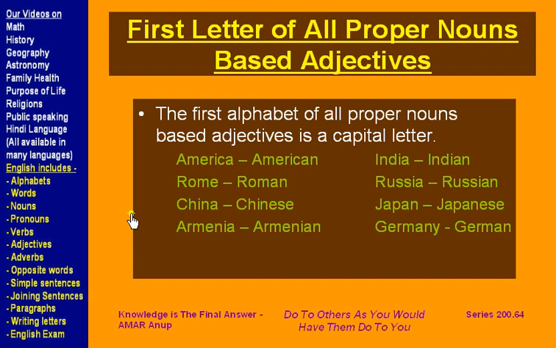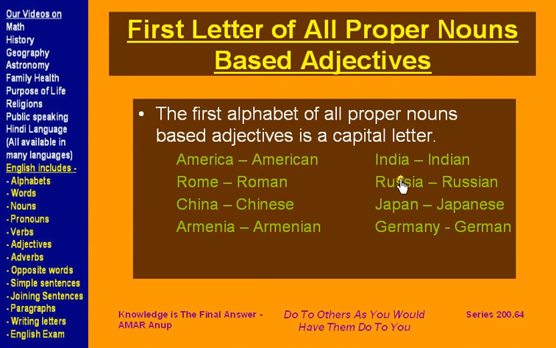Proper nouns can sometimes be converted to an adjective or adverb, and then that converted adjective or adverb is also capitalized. So we capitalize America, A in America, but if we talk of American values or American pie or American custom, then because we are adding quality to that pie or that custom, it's an adjective, but it is still capitalized.